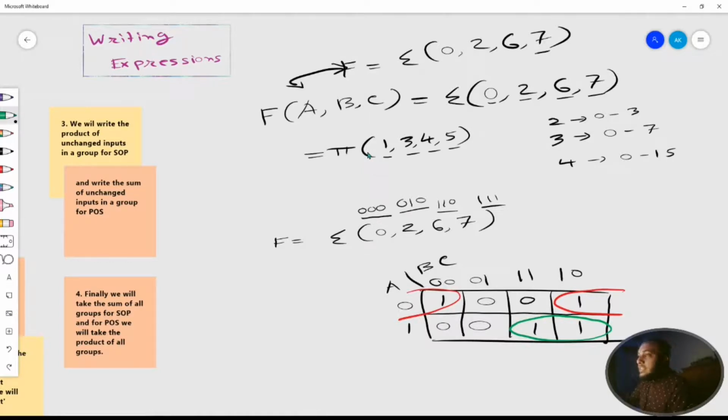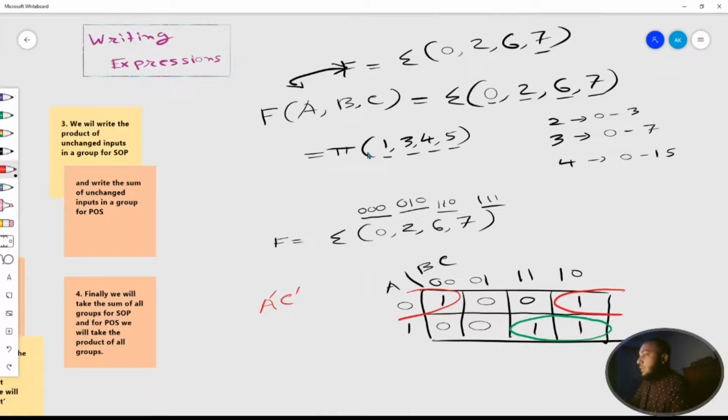Now let's write the Boolean expression from the groups. So from the red group we can write A prime and C prime. How did I write this?